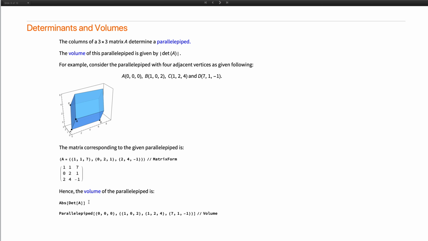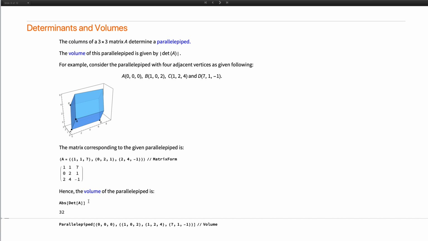Work out the volume with the determinant and check the answer with the built-in function volume, and you get back the same answer. So determinants correspond to areas in 2D and volumes in 3D. That's a really nice interpretation of determinants.